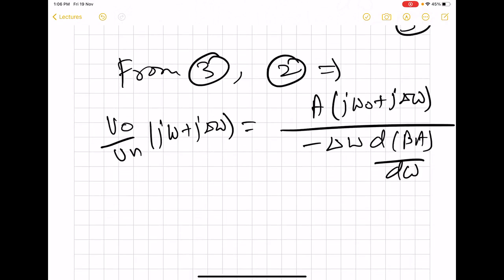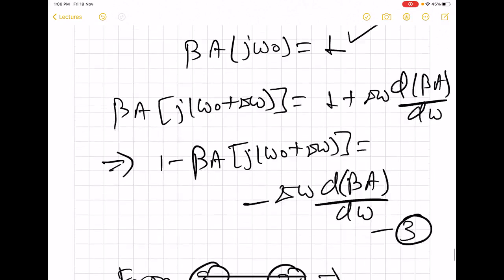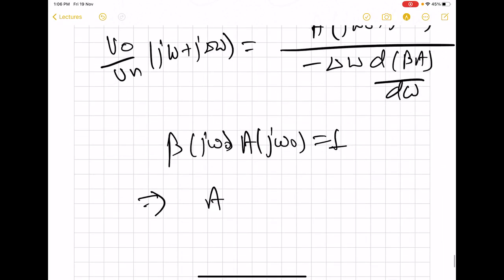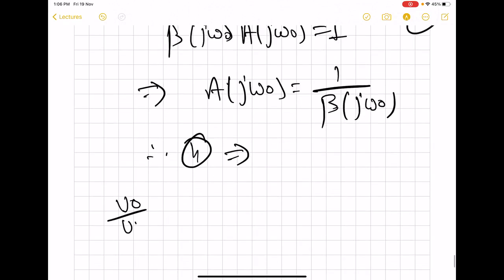And this relation also implies that beta j omega naught A j omega naught is equal to 1, which implies that A j omega naught is 1 by beta j omega naught. So therefore, 4 implies mu by Vn is equal to 1 by beta j omega naught.